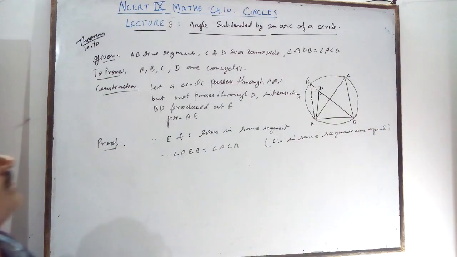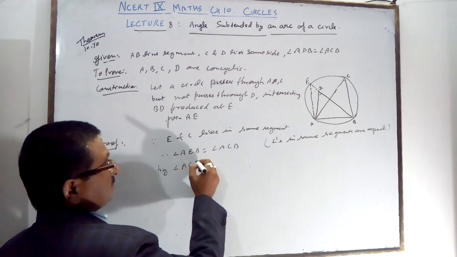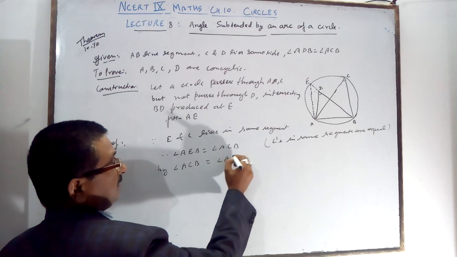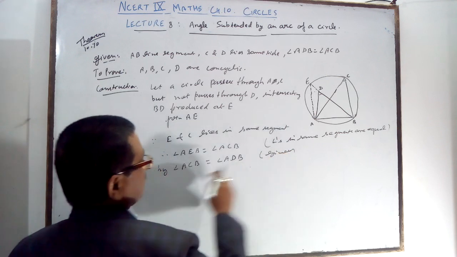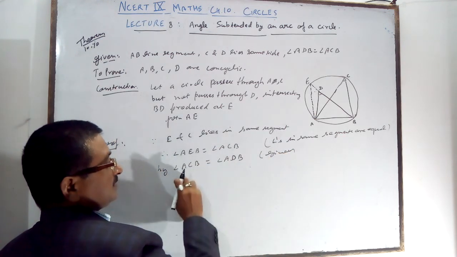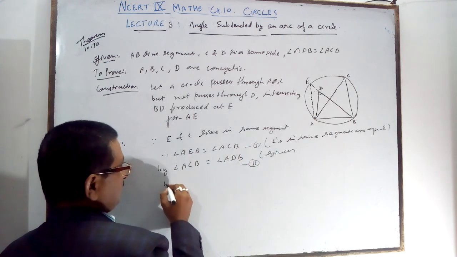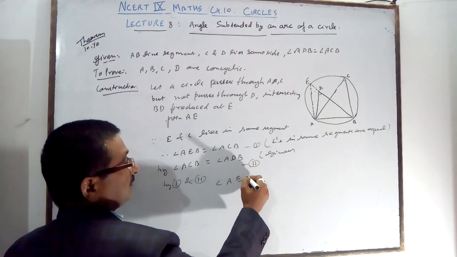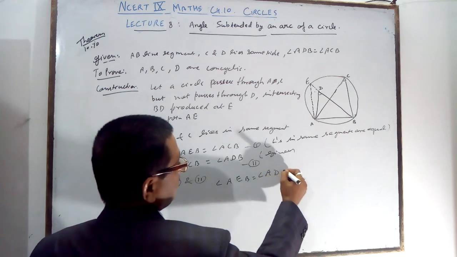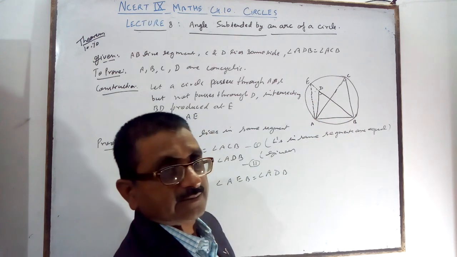So angle AEB is equal to angle ACB. But angle ACB is equal to angle ADB, given. AEB equals ACB and ACB equals ADB, it is the first equation, it is the second equation. By first and second, angle AEB is equal to angle ADB.